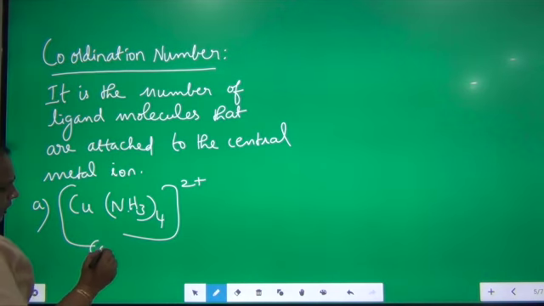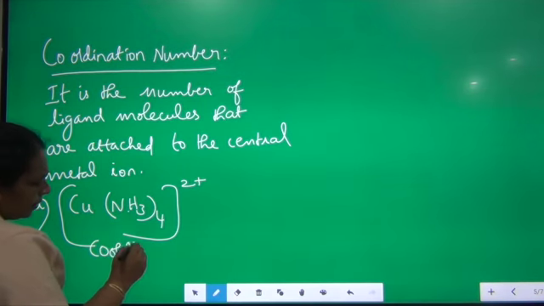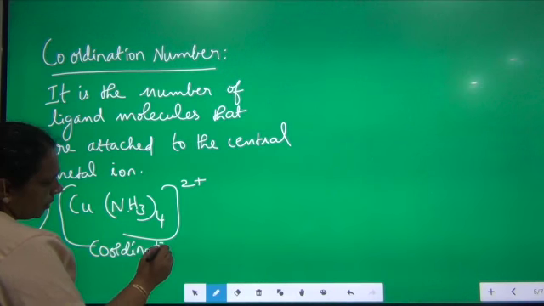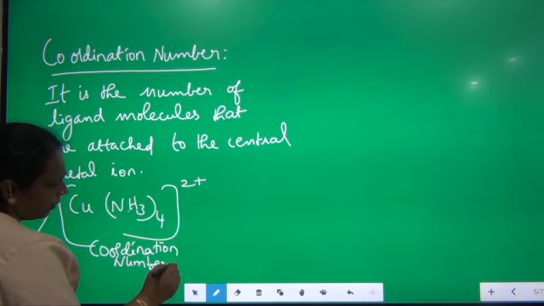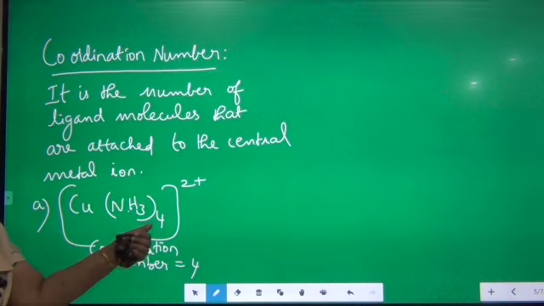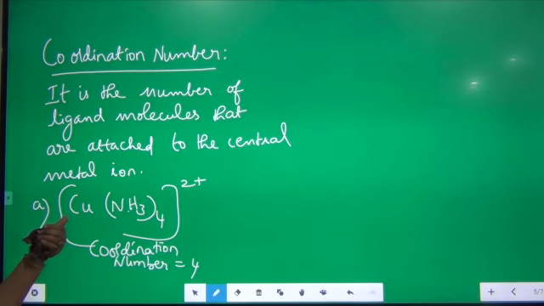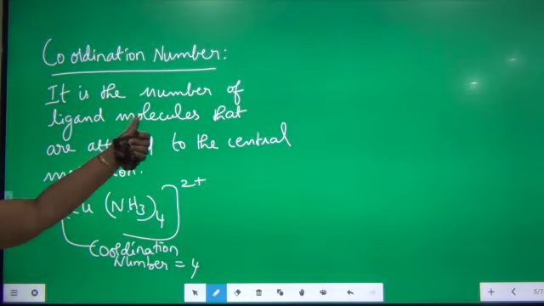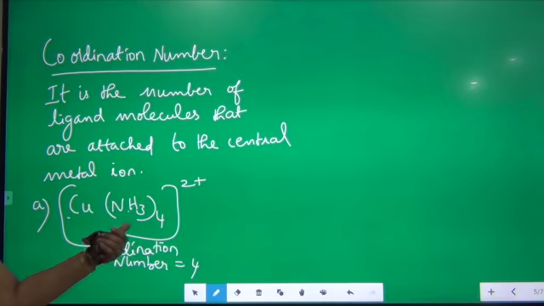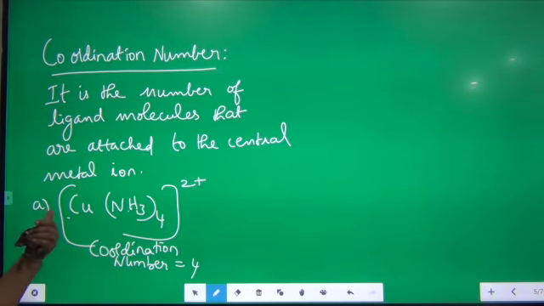Therefore, coordination number is equal to 4.